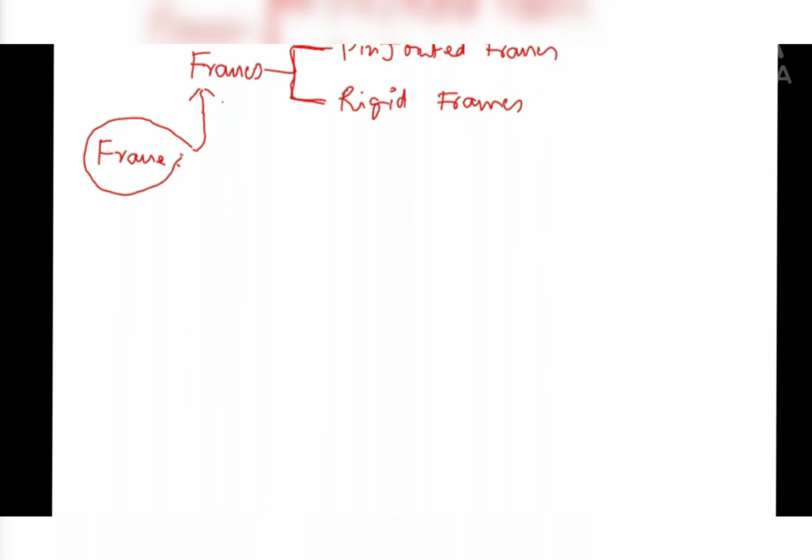So say, for example, I have a frame like this. I could call this a joint, and this a joint, and this a joint, right? And this is a member, and this is a member, and this is a member.